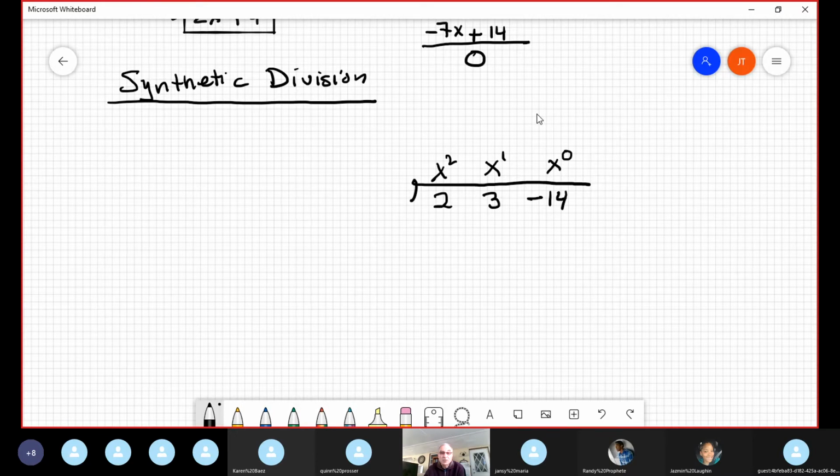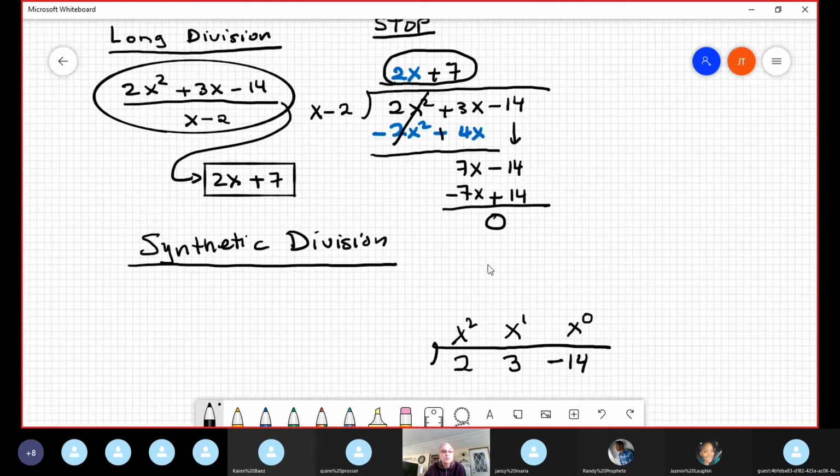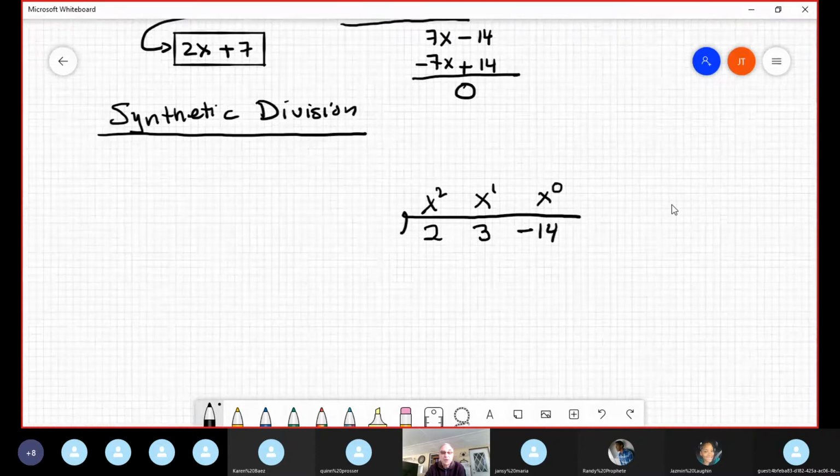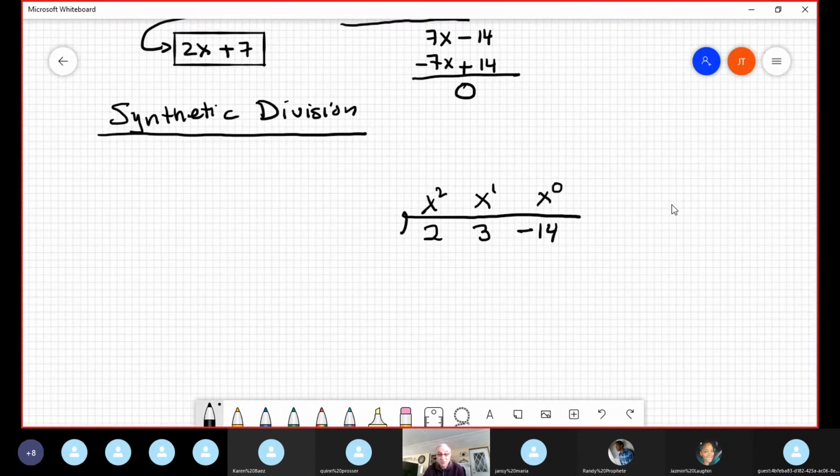Now outside the box, you put this, which is 2. Oh, but very, very important. You put 2, which is the number in the divisor, because I suppose that the degree is 1. So by default, you understand that it is x minus 2, but you put the opposite sign. Not negative, positive 2. Why?